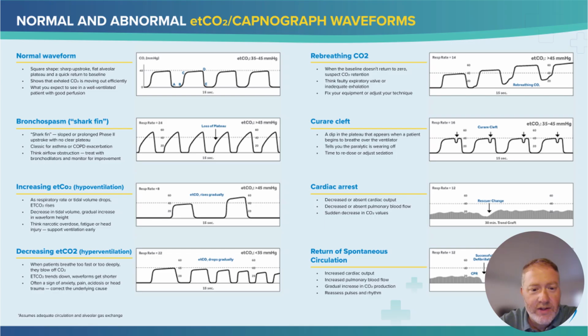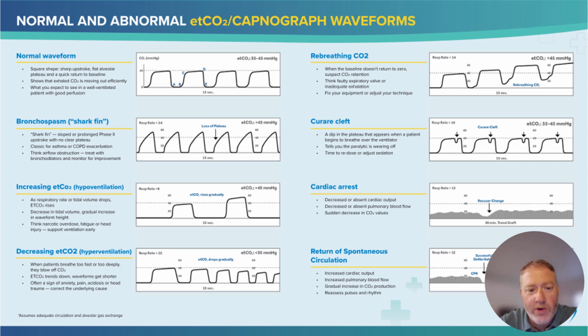Bronchospasm, anything that's shark fin like that, that's usually on expiration. So sloped or prolonged phase, classic asthma, COPD exacerbation. Think airflow obstruction when they have an end tidal that's got the shark fin.